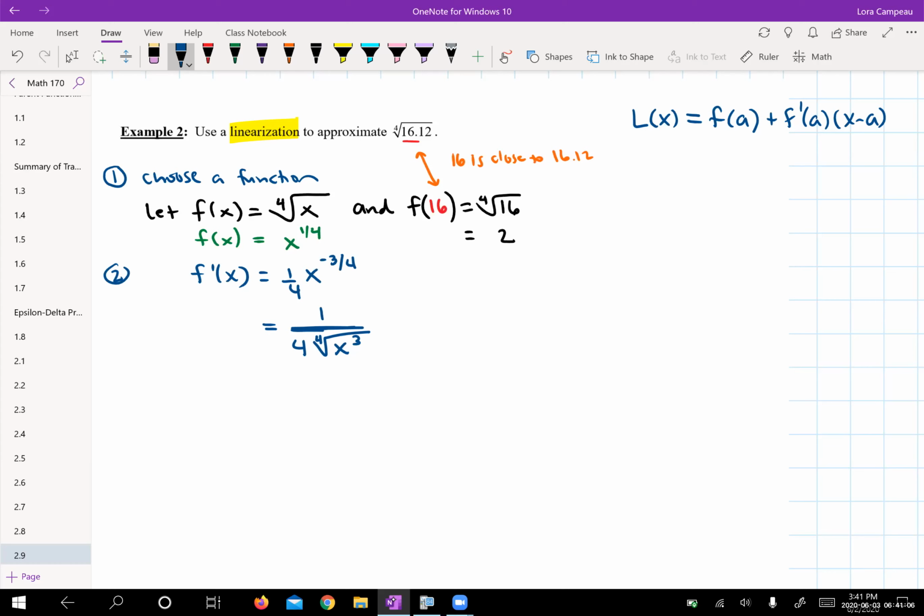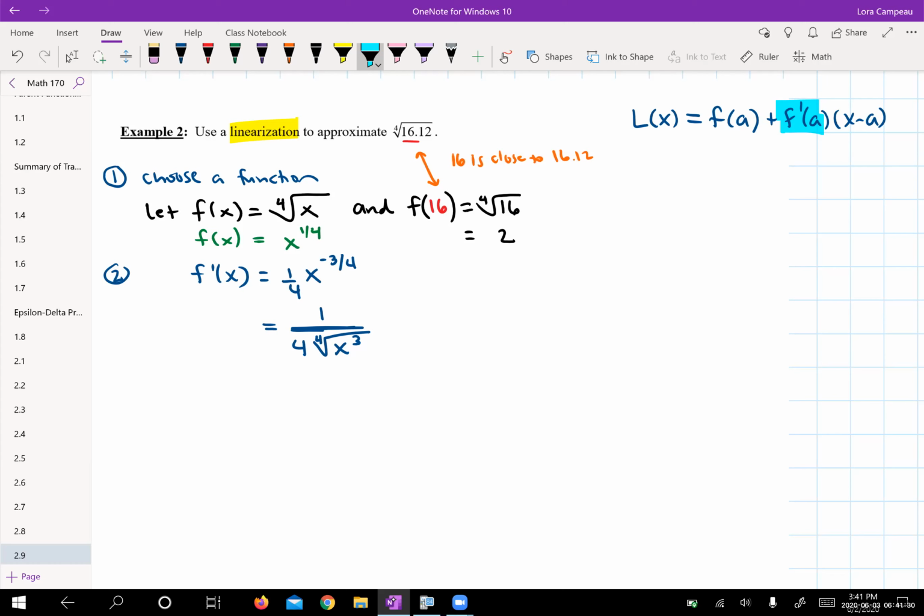So kind of what I'm trying to get at is I'm looking at how can I find this piece, and I'm going to highlight it in teal. So I'm on my way to finding this piece. I just need to calculate it at the value that I've chosen.